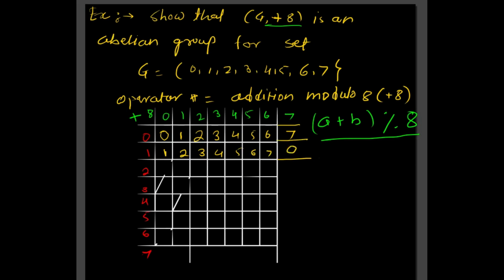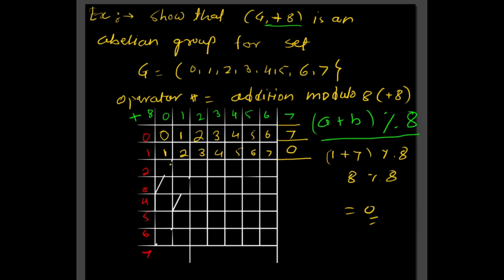Let us solve this: a is 1 plus 7 mod 8. So 8 mod 8: the mod operation means on dividing by this number, what will be the remainder? 8 divided by 8, the result is 1 and the remainder is 0. So the remainder we have to write. So here we are writing the remainder.